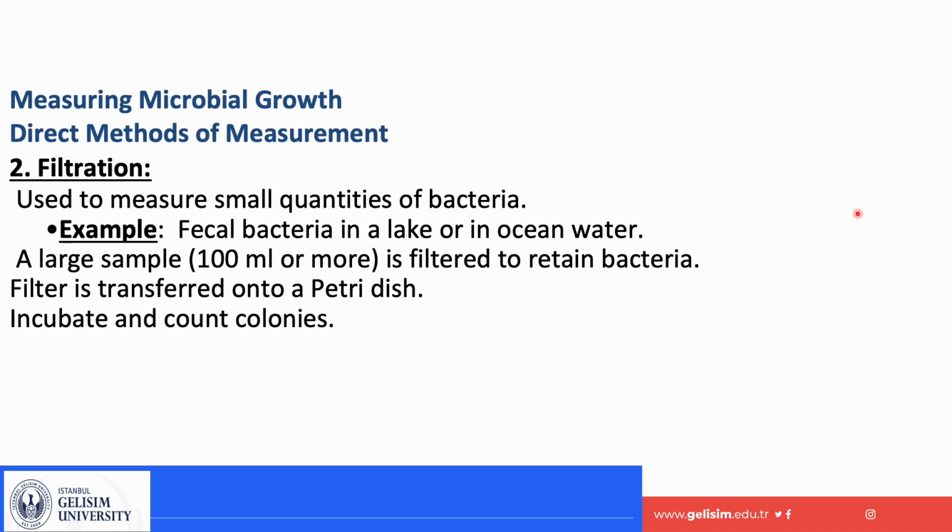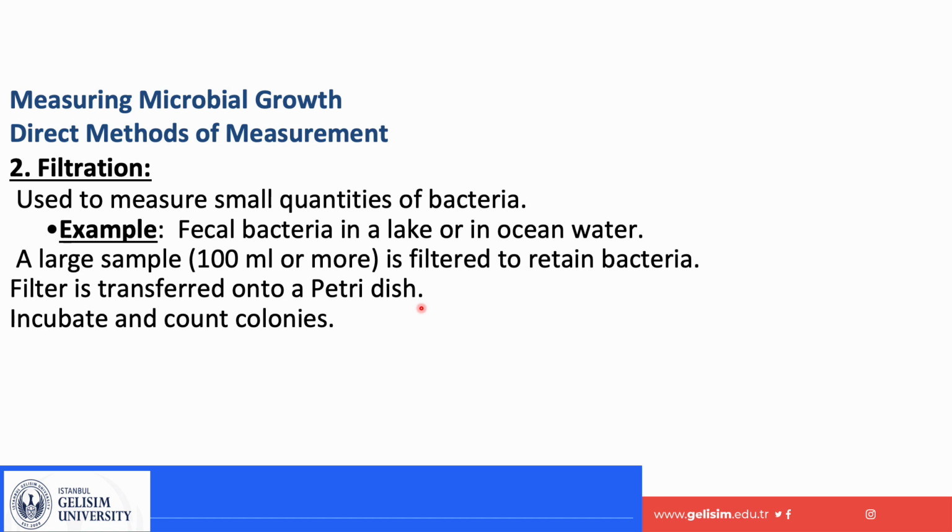All right, filtration is a direct method for measuring microbial growth that's often used to measure small quantities of bacteria in environmental samples, such as fecal bacteria in lake or ocean water. Now, to perform filtration, a large sample of the water, typically about 100 ml or more, is filtered through a membrane that retains the bacteria.